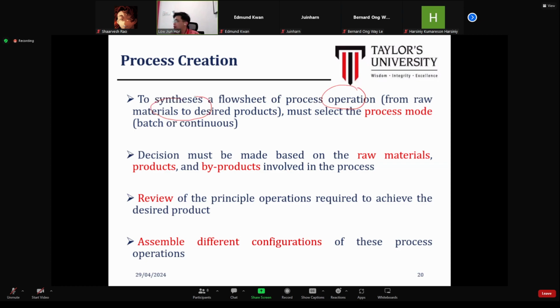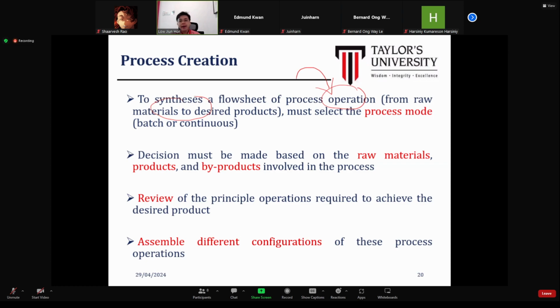So that's why we also need to identify and know what the processes, unit operations, or even raw materials are that we are going to use in the possible reaction in order to produce our product.